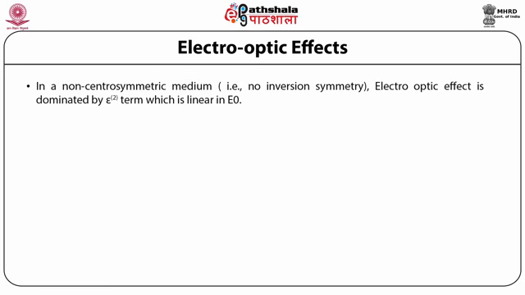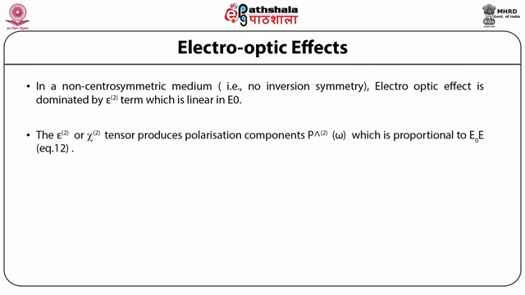In a non-centrosymmetric medium, that is, with no inversion symmetry, the electro-optic effect is dominated by the epsilon 2 term, which is linear in E naught. So the epsilon 2 or chi 2 tensor produces polarization components P2 omega, which is proportional to E naught E. These polarization components vary linearly with E naught, and this is termed Pockels effect.